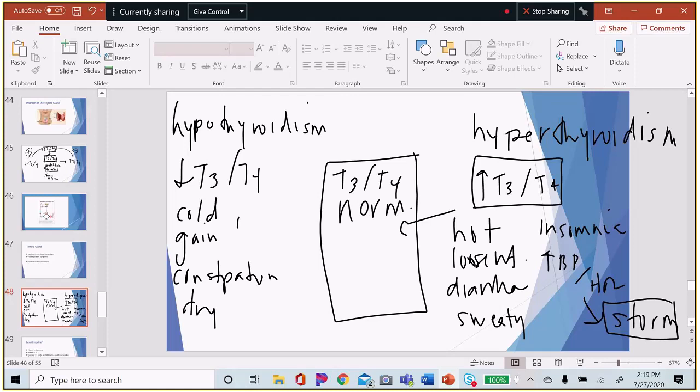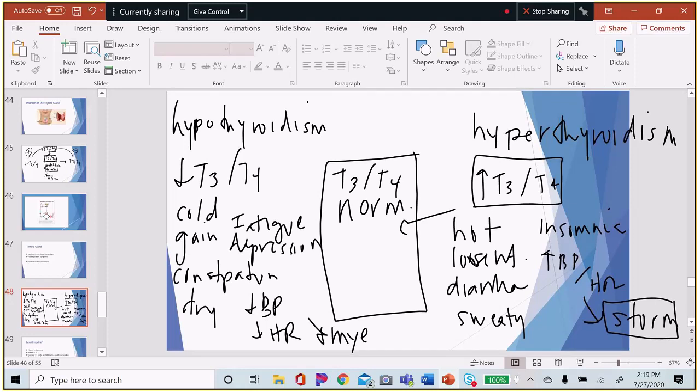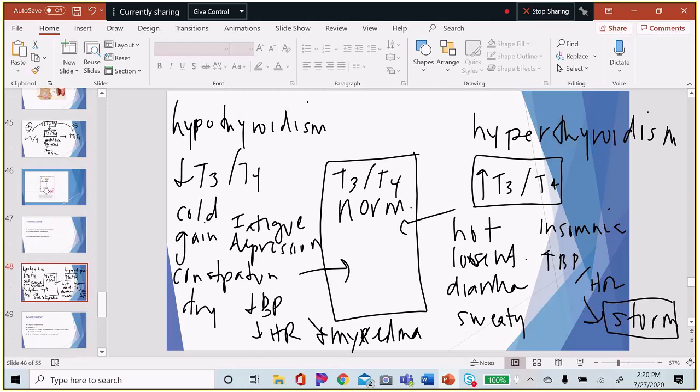They are fatigued and have depression. And they could end up with a low blood pressure and heart rate, and that extreme end is called myxedema coma. And hopefully that won't be an issue. Then I could take medication to replace thyroid so that I would be normal. And that is what we do.